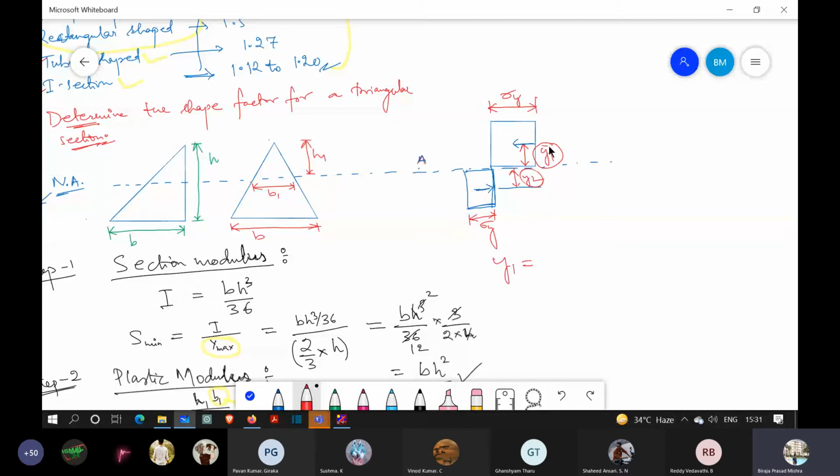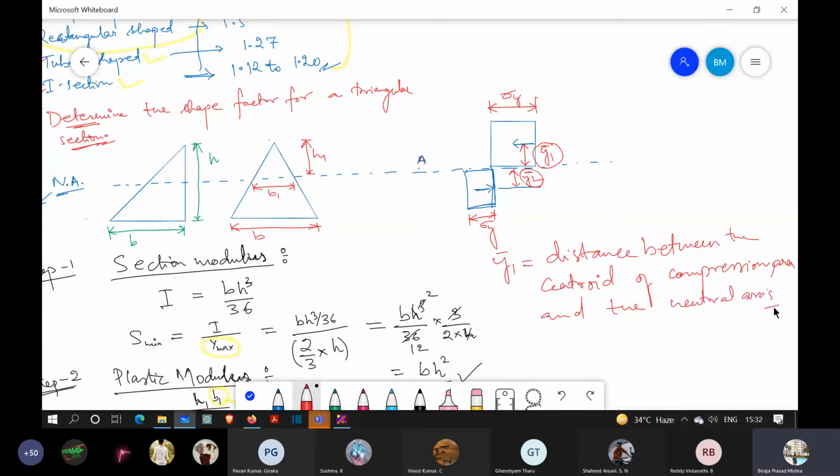So y1 bar equals to the distance between the center of compression area and the neutral axis.